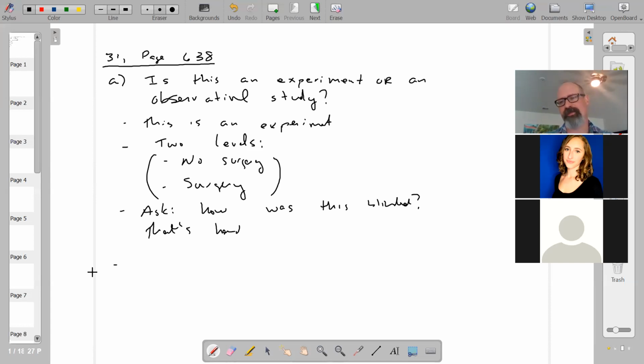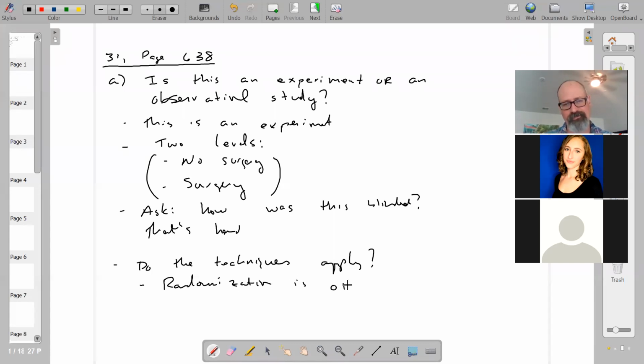So if you're thinking about whether or not the techniques that we've discussed apply, it seems like the randomization condition, if the randomization is done correctly, is okay. It's usually the first condition that you're worried about.